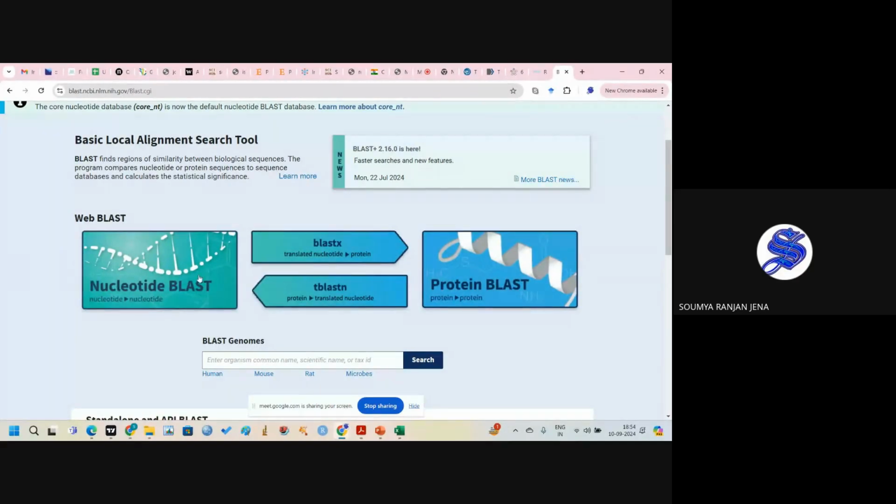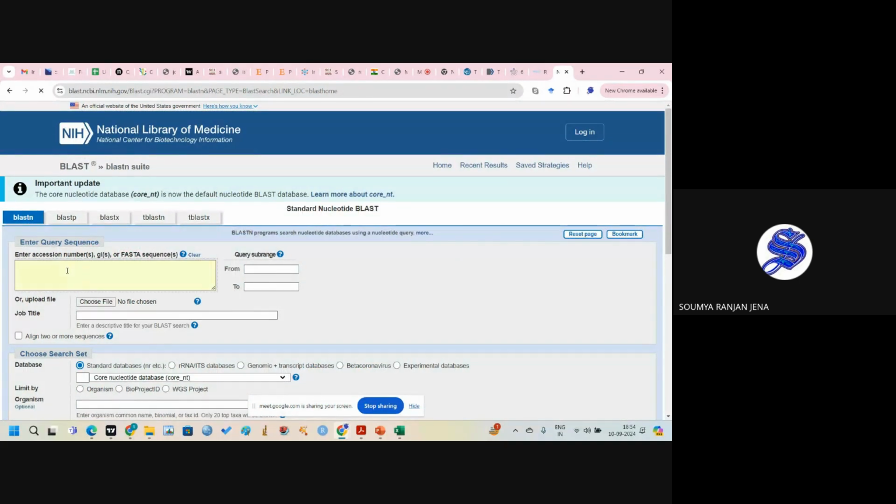yes, here you have nucleotide BLAST. This is BLASTX. This is TBLASTN. This is protein BLAST. You can choose anything. You can click anything, then it will go to the alignment page, and you put in your nucleotide sequence. It will give rise to a protein sequence.